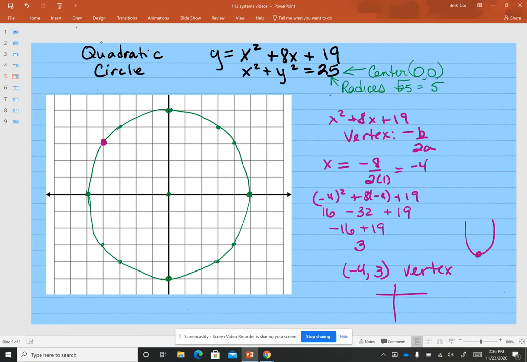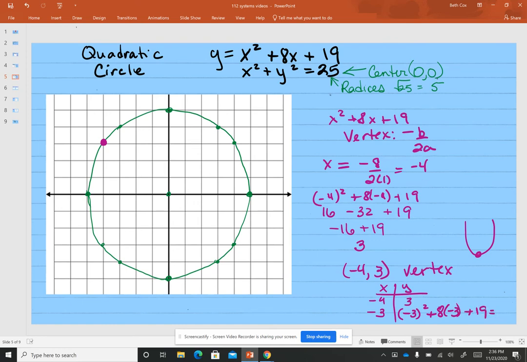So now I'm going to plug in. I know negative 4 and 3 is one point. So let me plug in negative 3 and see what happens, just to get a point to the right. If I plug in negative 3, I get negative 3 squared plus 8 times negative 3 plus 19.